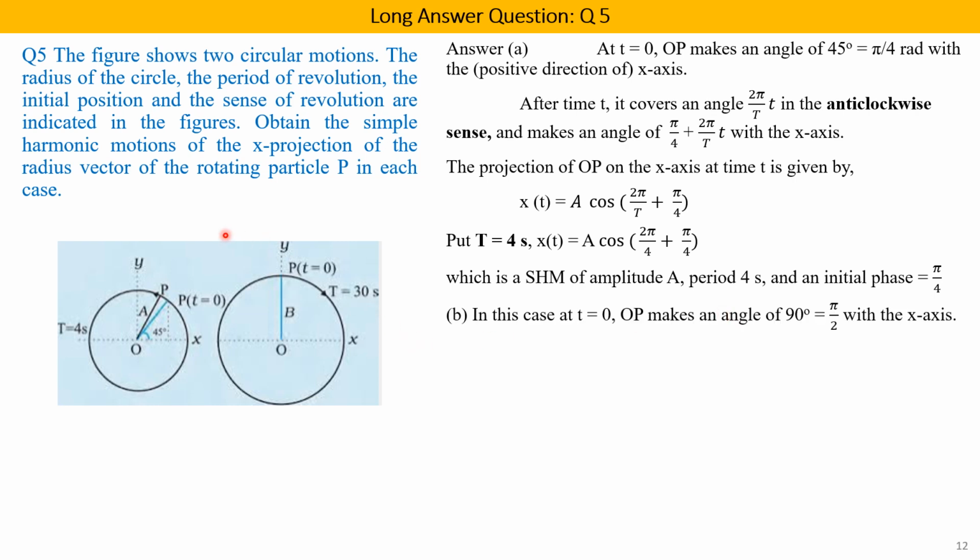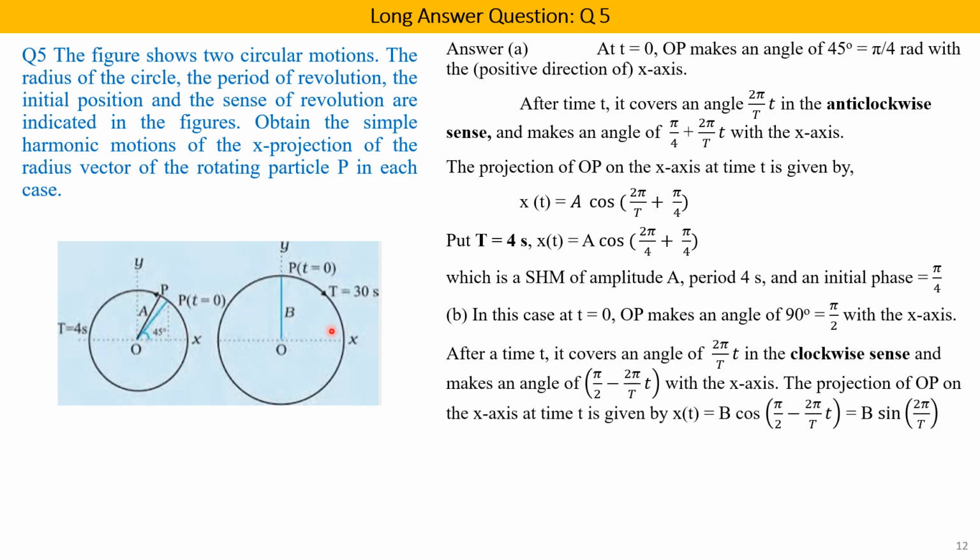Part B, that is for the bigger circle B. In this case, at t equal to 0, OP makes an angle of 90 degrees, that is pi by 2. After time t, it turns 2 pi by capital T into t in clockwise direction, and makes an angle pi by 2 minus 2 pi by T into t with the x-axis.